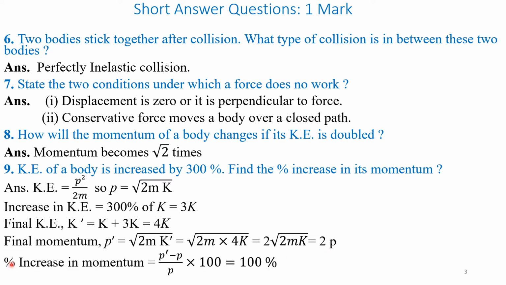Therefore, the final step is percentage increase in momentum is equal to P dash minus P over P into 100. P dash is 2P, 2P minus P is P, P over P gets cancelled, it is into 100, 100. Therefore, 100% increase.